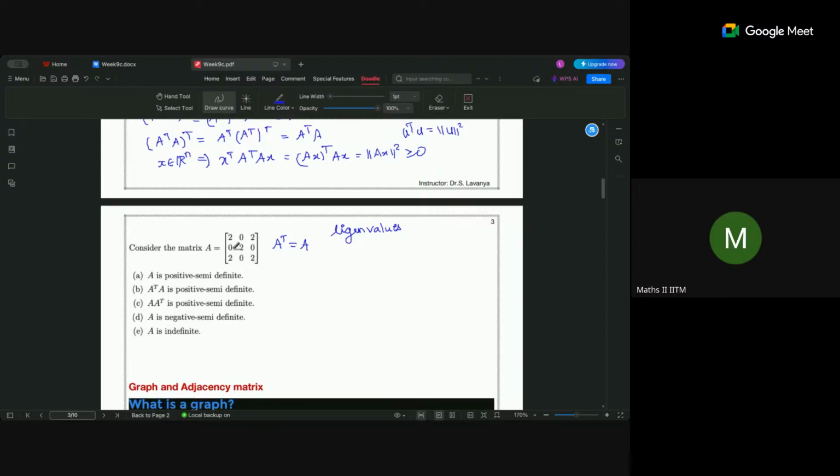Can you quickly compute the eigenvalues of A? Everyone quickly compute the eigenvalues of A. 0, 2, and 4.